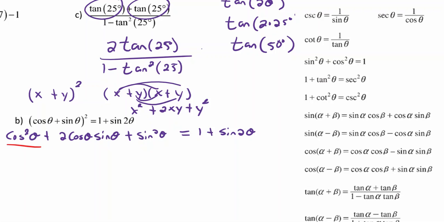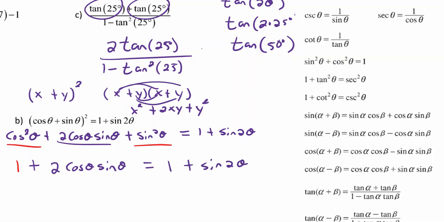We've got cos squared theta plus sine squared theta. If I just take that part on its own, that's just equal to 1, right? So that would just be 1, and then plus what I've got left, 2 cos theta sine theta. And that's equal to 1 plus sine 2 theta.